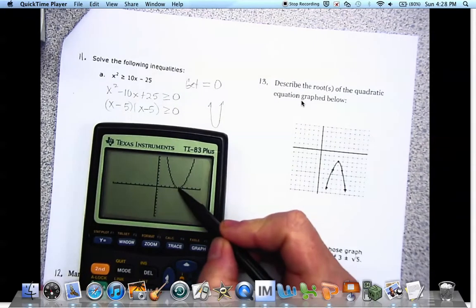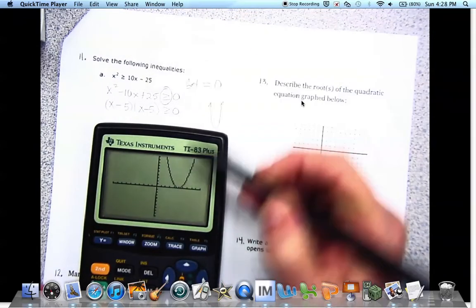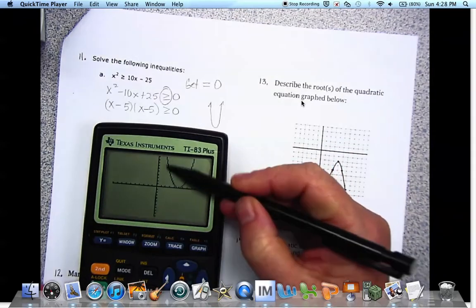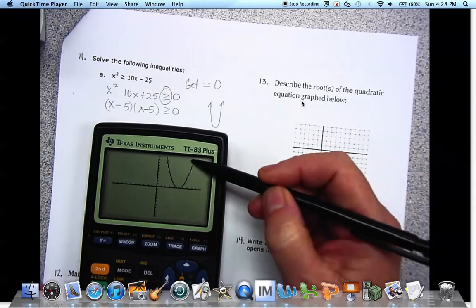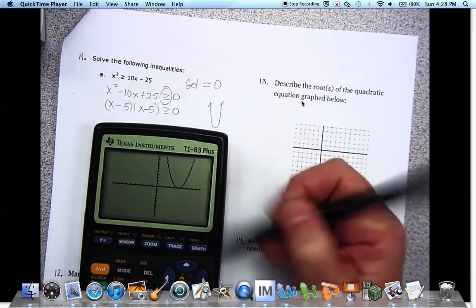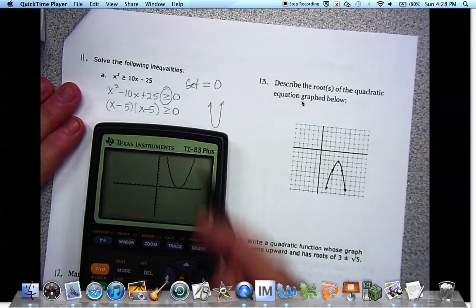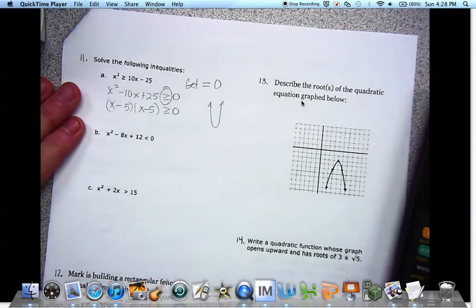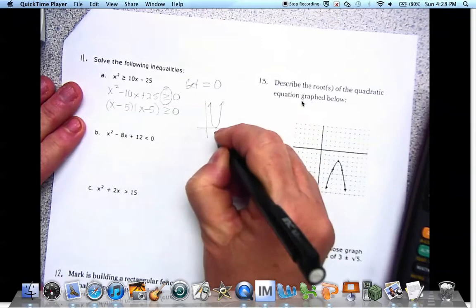So when is the graph greater than, when is it above 0? Well, it's above 0 or equal to 0 the entire time. And there is one root, which is 5. But the entire time, everything is above 0. So this would be all reals.